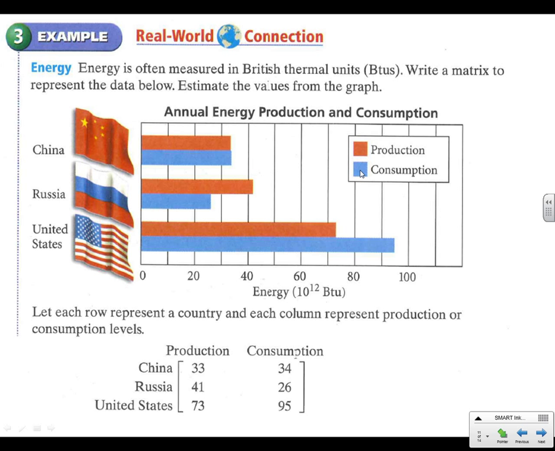When we have two different items, we can go 2 different columns for 3 different rows, 3 different countries here. And then we just match everything up. So what's China's production? If we look on the graph, it would be 33. We're just estimating. And the consumption is a little higher, so 34. We can pull all the rest of the numbers right off the graph and organize them. So now we have a nice organized representation of the numbers in this chart here.